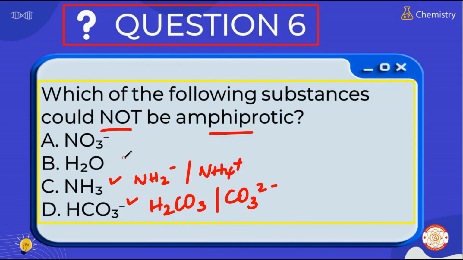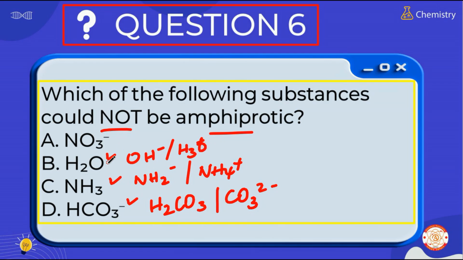Water can act as an amphiprotic because when water donates a proton, it becomes what? Hydroxide ion. When it accepts a proton, it becomes what? Hydronium ion.